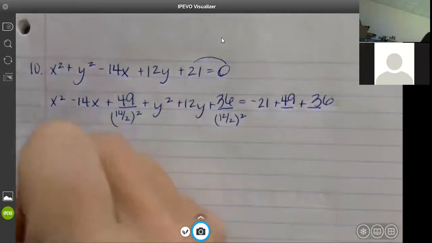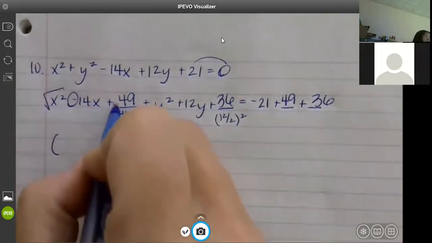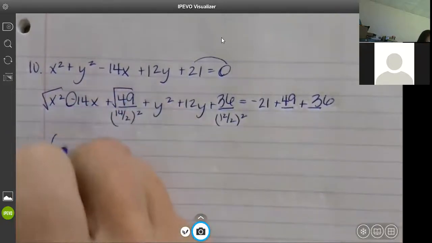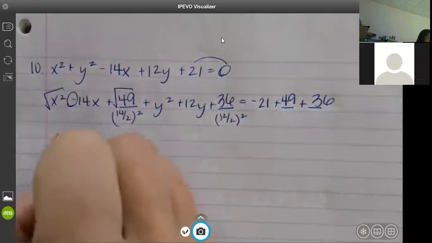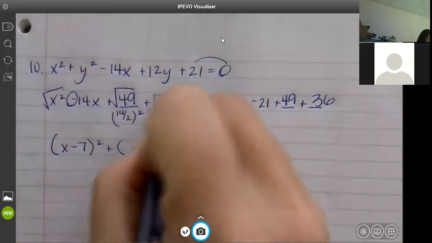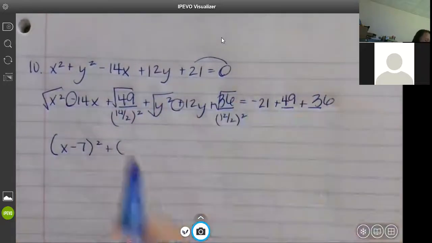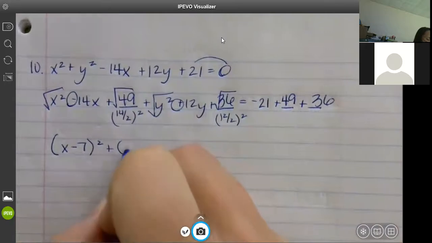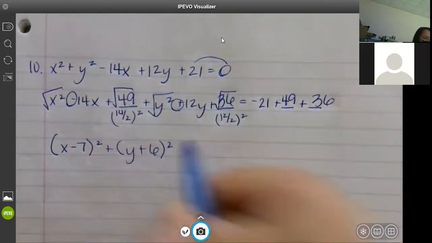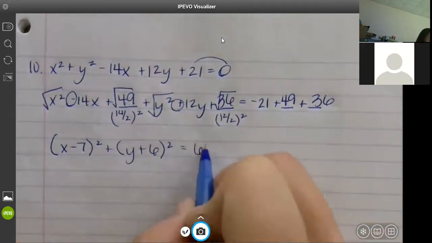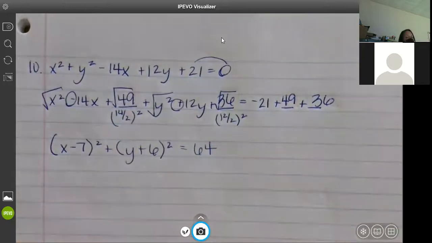First factor, watch the sign. X minus 7 squared plus, watch the sign, y plus 6 squared equals 64. This one's easy. The center is 7, negative 6. The radius is going to be 8.